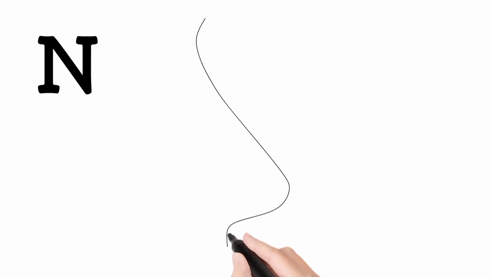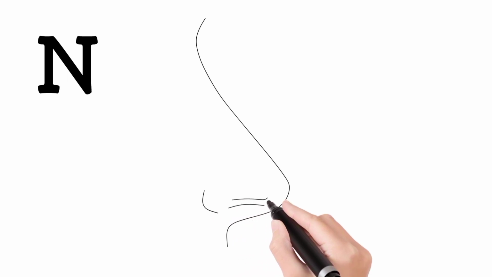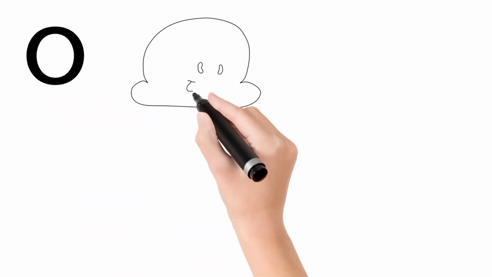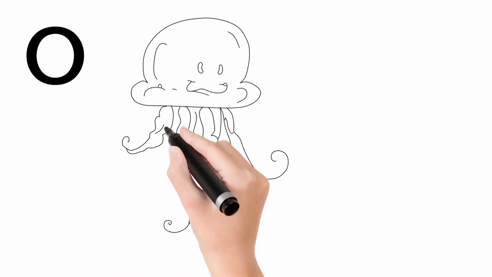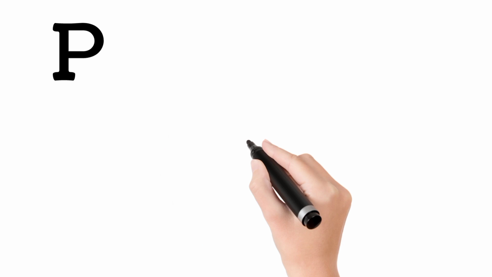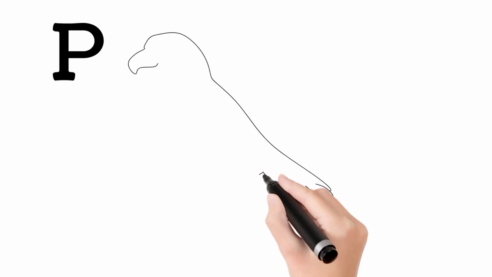N. N for nose. O. O for octopus. P. P for parrot.